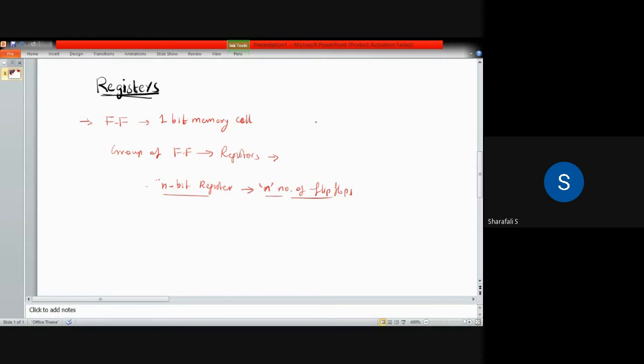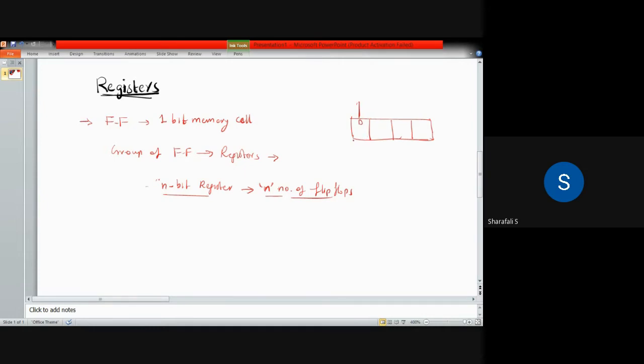If you consider these registers, you can draw them in symbol form. Consider a 4-bit register. You will have an input; let's consider these as D flip-flops.